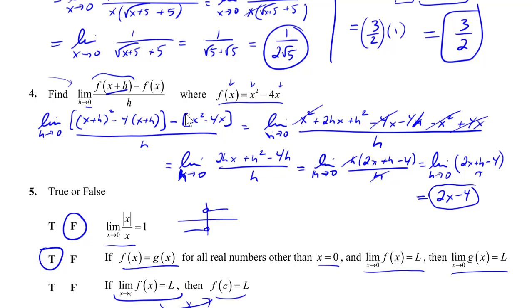So it might be, but it might not be. We're going to see later on, this has to do with continuity, but it isn't a fact of the limit itself. So that would be false. All right, so those are some more problems on calculating limits.